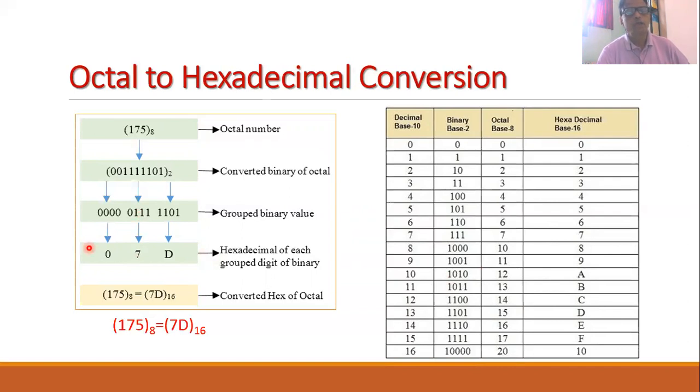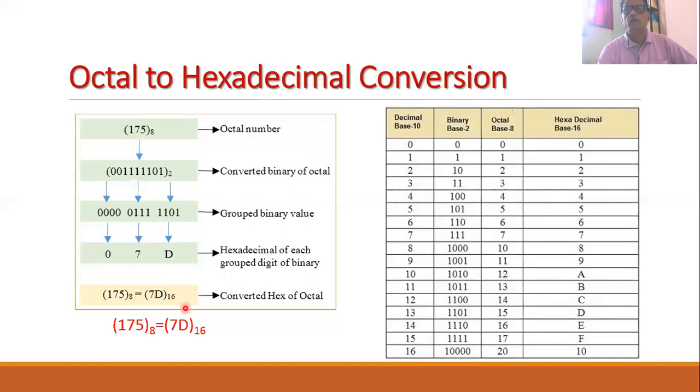Therefore you will find that this octal number 175 has the equivalent 07D, but the 0 is a leading 0 and can be omitted, so we can write this result as 7D hexadecimal.